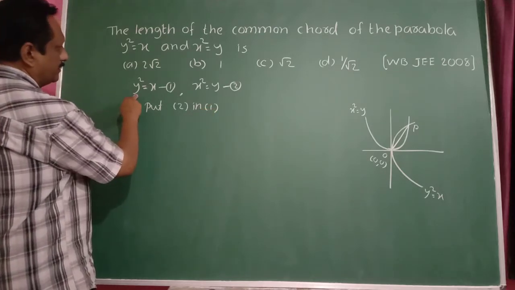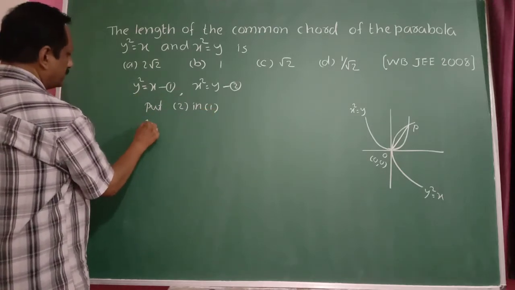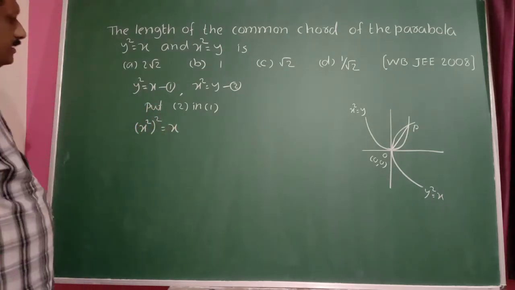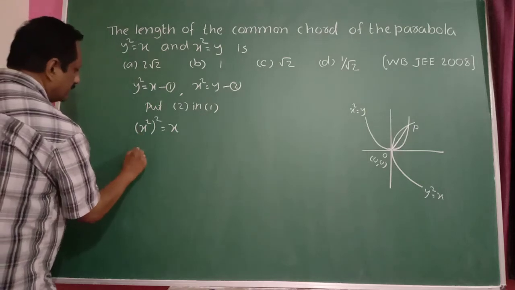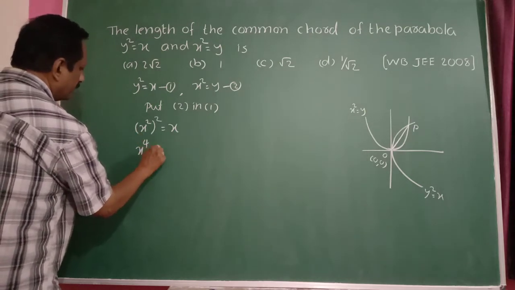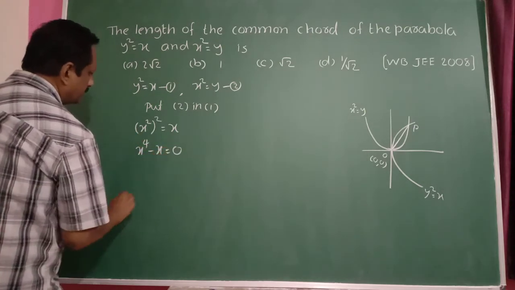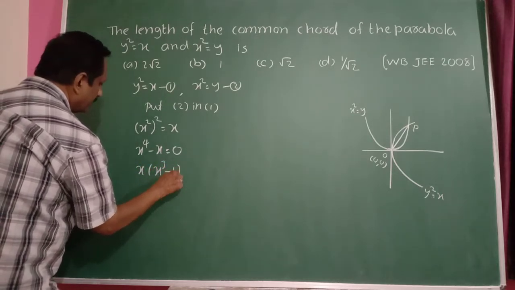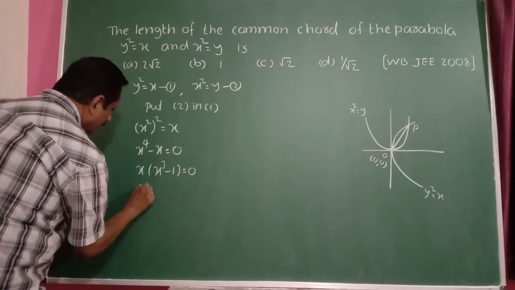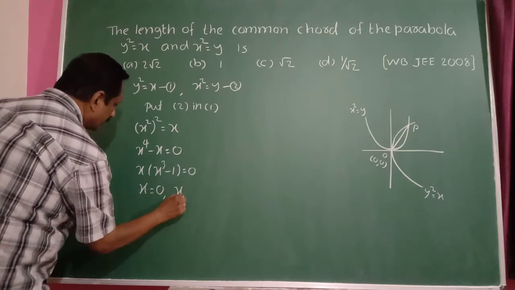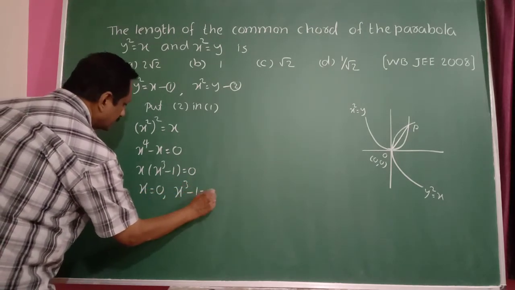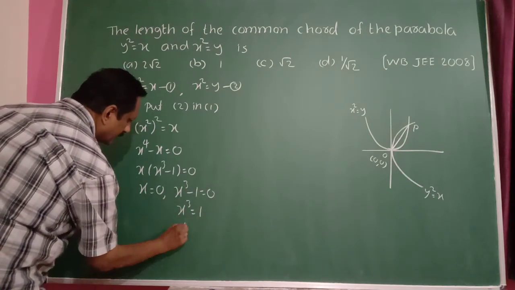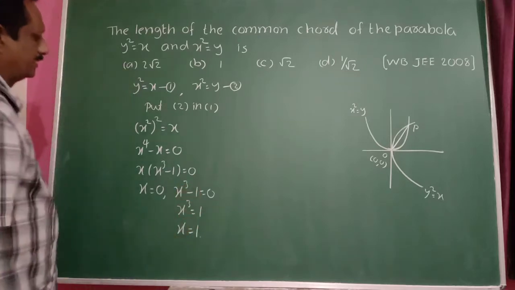So substitute y is equal to x square, hence (x square) square is equal to x here. Take x to the left side, this is x to the 4 minus x is equal to 0, x common factor here, x (x cube minus 1) equal to 0, hence x equal to 0, or x cube minus 1 equal to 0, therefore x cube is equal to 1, hence x is equal to 1 here.